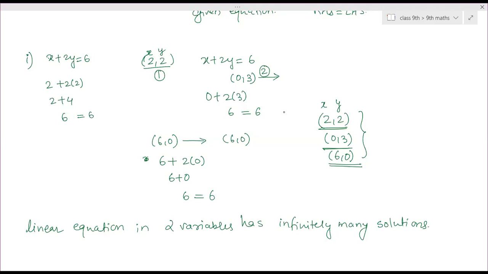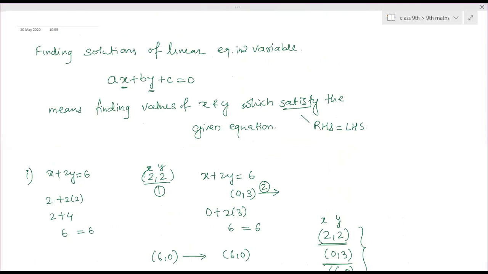First write it down, then I will tell you how to find these solutions. Can it be 4 comma 1?